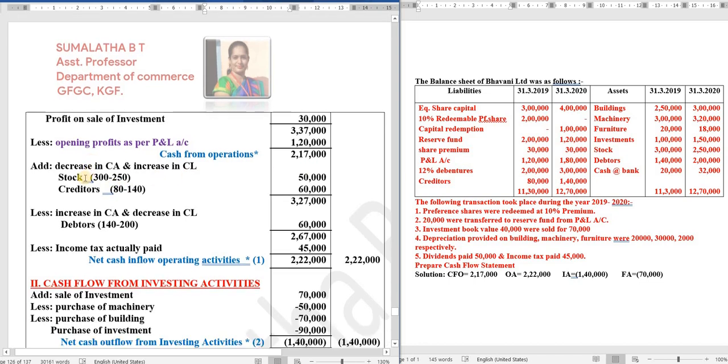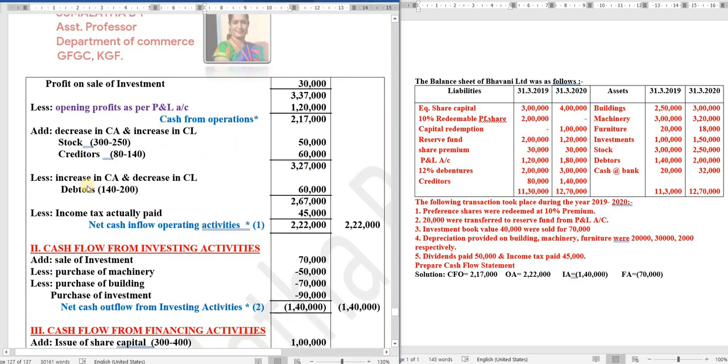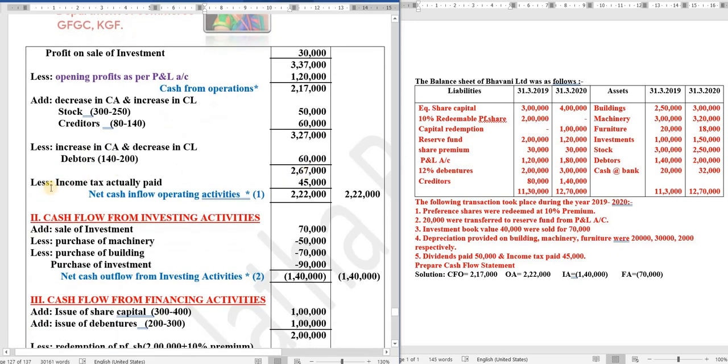And next, you have to add the increase in stock and creditors. That also is added. To this, deduct the increase in current assets and decrease in current liability. That we have only with the debtors. That is also recorded. To this, you have to deduct the income tax actually paid, that is 45,000.